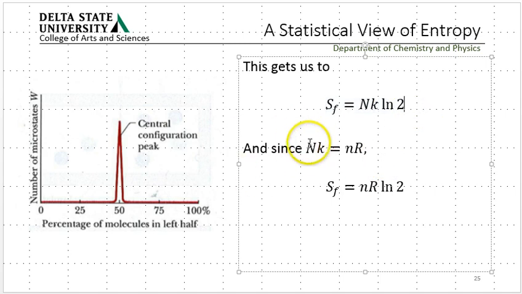And since capital N, the number of molecules, times k equals the number of moles times R, we can also write this as nR log 2. And that is our little peek into statistical mechanics. All right, that's it for chapter 20.